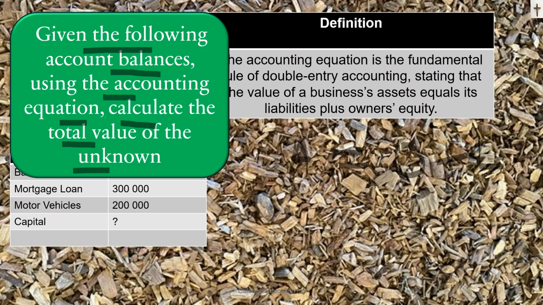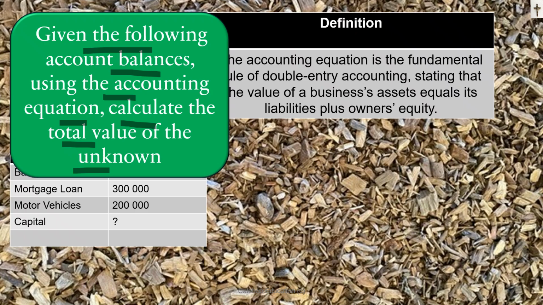Some people can do this calculation as follows: owner's equity is equal to assets minus liabilities. It doesn't matter too much, you're going to get to the correct answer. The subject of the formula was changed. But we're going to stick to the accounting equation as it appears in the statement of financial position.